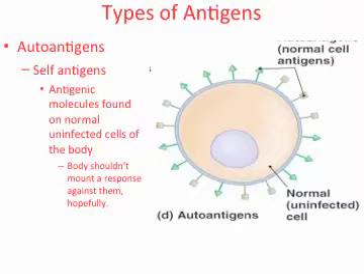Those are also called self-antigens. So every eukaryotic cell in your body has antigens on it, and the immune system recognizes those antigens as self-antigens. Those are normal antigens, and your B cells and T cells should not attack those eukaryotic cells that have self-antigens on them unless you have an autoimmune disease.